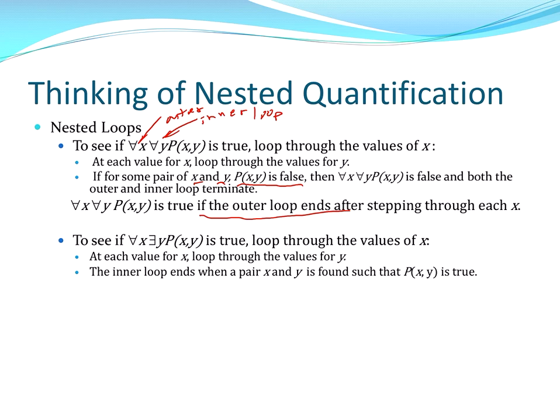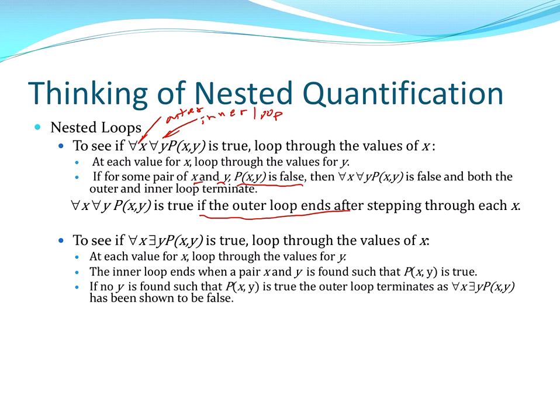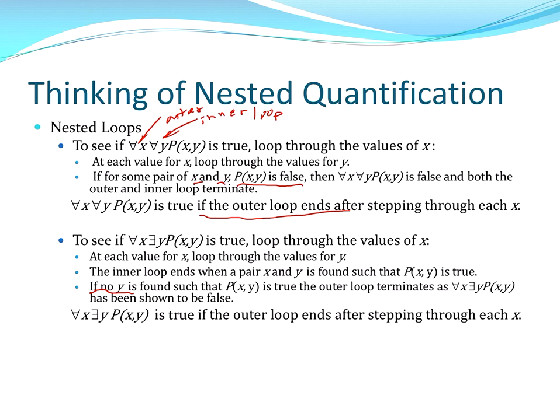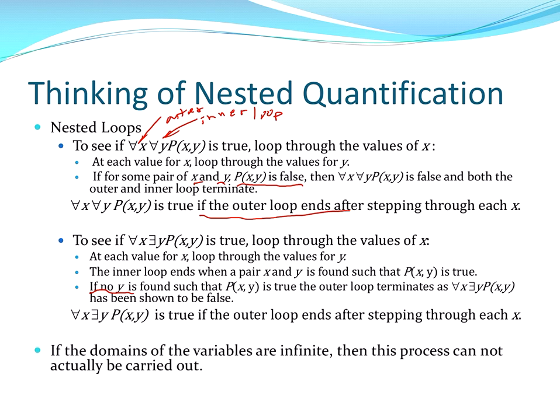So the inner loop ends when a pair of x and y is found such that P of x, y is true, and we go to the next value of x. On the other hand, if we do not find a y such that P of x, y is true, we terminate and we determine that the proposition is false. So for every x, there exists y, P of x, y is true if we get through all values of x in the outer loop without stopping. And this looping is conceptual if our sets are infinite, but you can still think about it in that way.